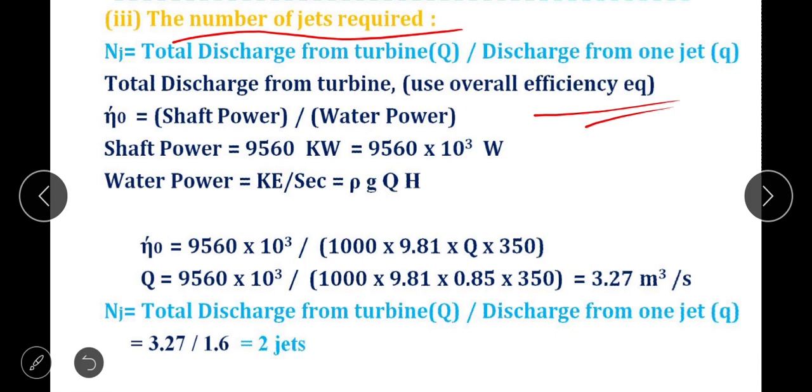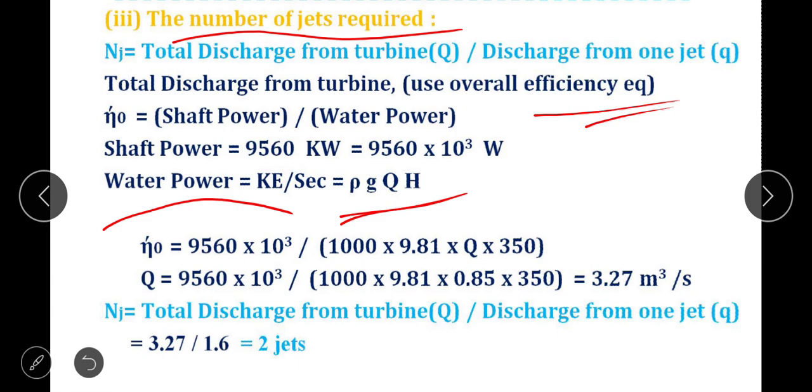Shaft power is equal to 9560 kilowatt, it is given. 9560 multiplied by 10 cube, you will get it in watts. Water power, kinetic energy per second, that is rho g Q H. Rho, you can assume 1000 kg per meter cube. g is acceleration due to gravity.